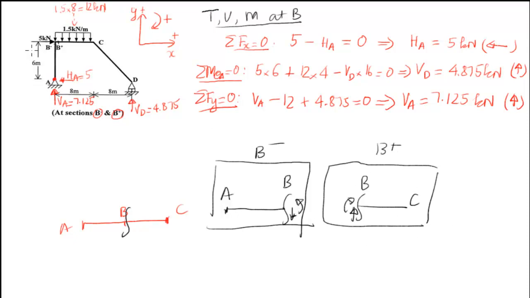So similarly, we're gonna cut through here and through here, and consider from this part to A, and consider this part to the right hand side, which is to D, okay. Now I have to clear this for a second, okay.